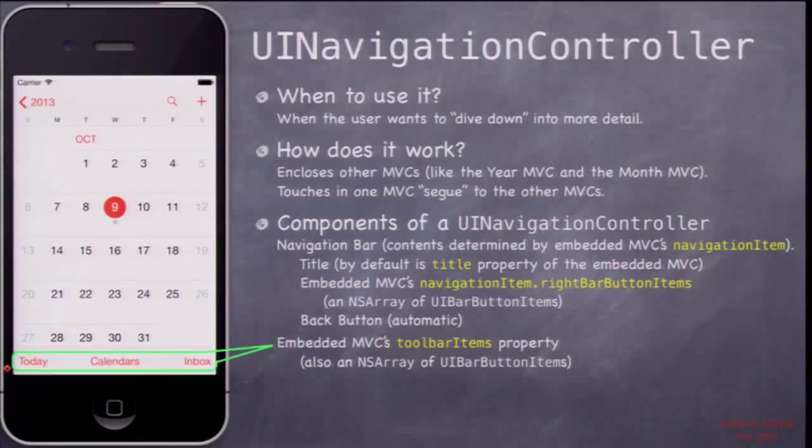So the navigation controller calls toolbar items on the embedded view controller, and it returns an NS array of UI bar button items, and it puts them in the bottom. And if the embedded view controller doesn't want any bar buttons at the bottom, then it just animates that gray thing away. And then animates it back if you navigate back to one that does. So everyone understand the components of UI Navigation Controller?